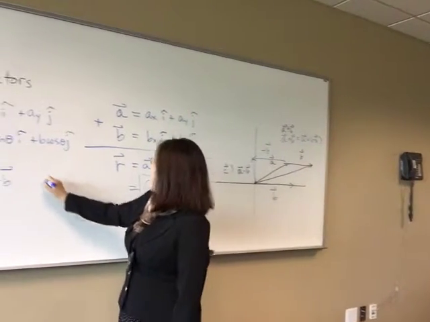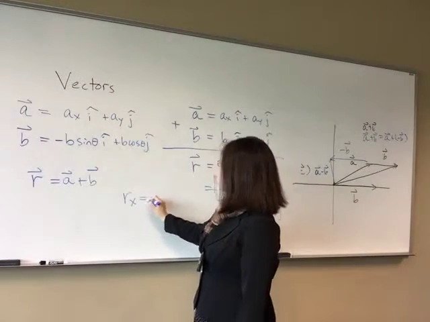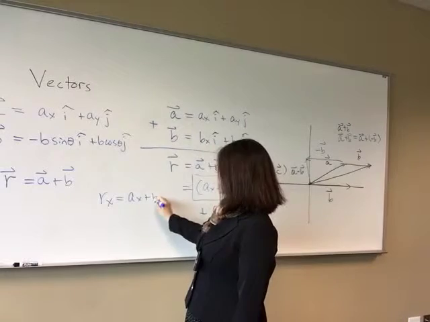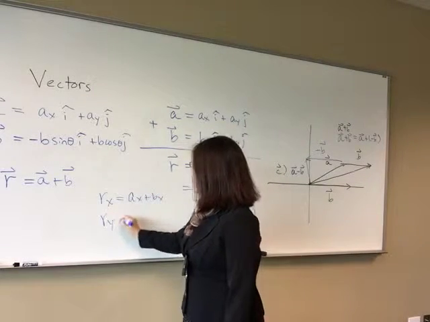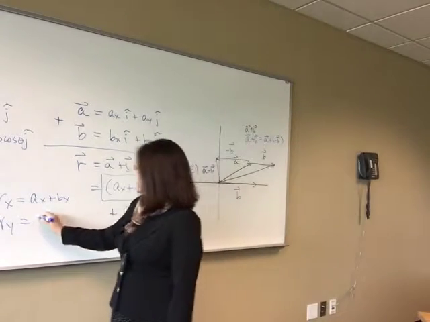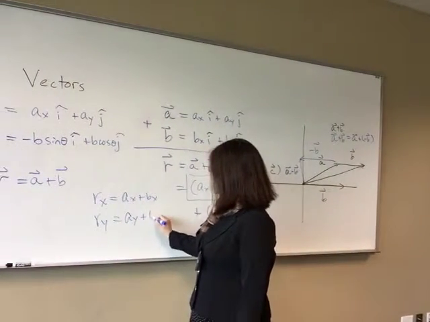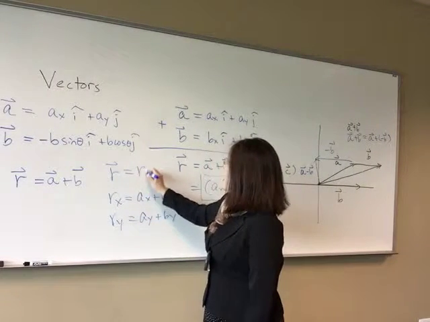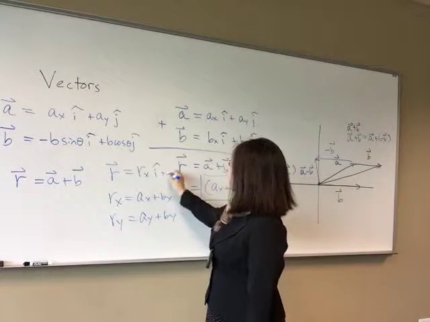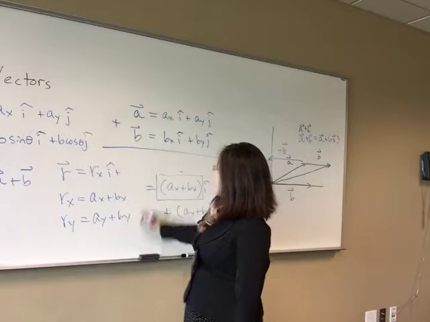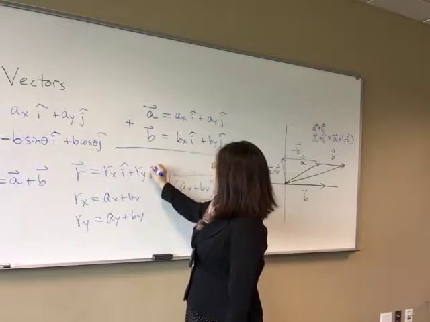So this is your Rx, which is the sum of the x components, and you have your Ry, that's the sum of the y components. So your R is equal to Rx i hat, and then it's getting very busy, so let me just erase that, and Ry j hat.